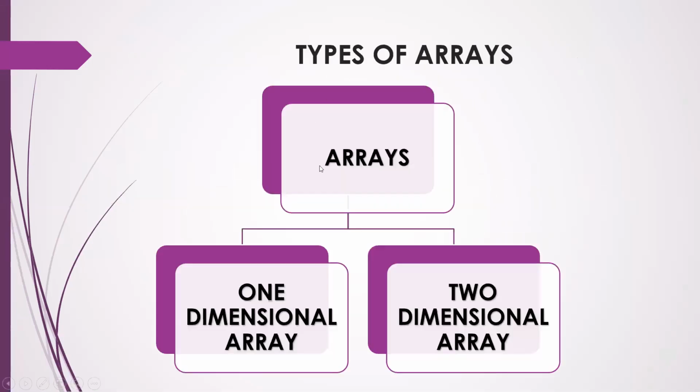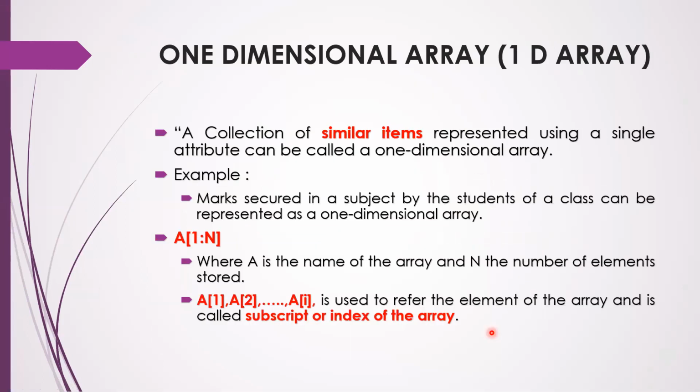So arrays are of two types: one-dimensional array and two-dimensional array. A one-dimensional array is a collection of similar items represented using a single attribute. It is called one-dimensional because it is represented by a single index or a single subscript.